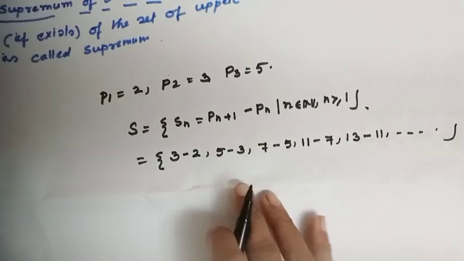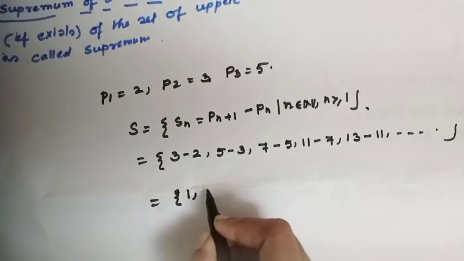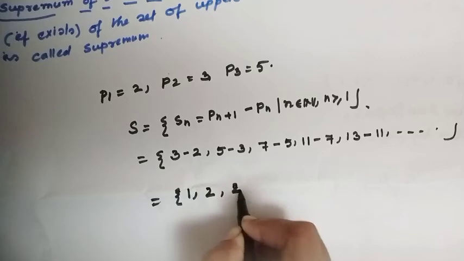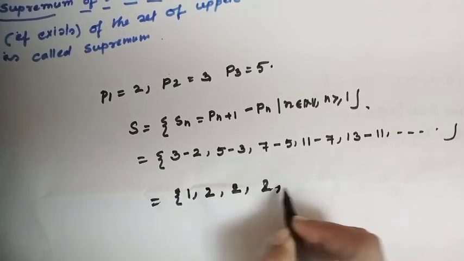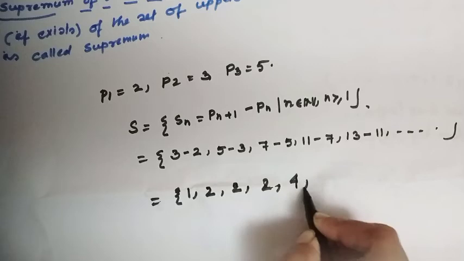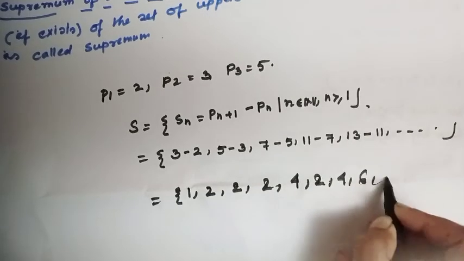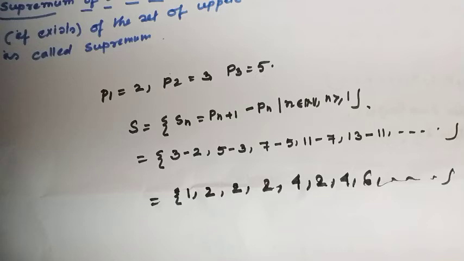That means the elements of the set are 1, 2, 2, 2, 4, 2, 4, 6, and so on.